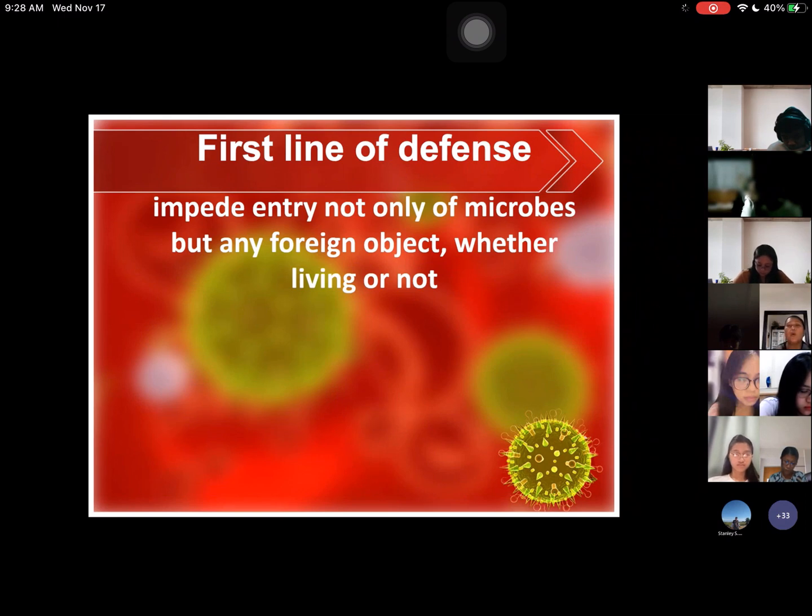Our first line of defense actually impedes entry not only of microbes but of any foreign object, whether living or not.